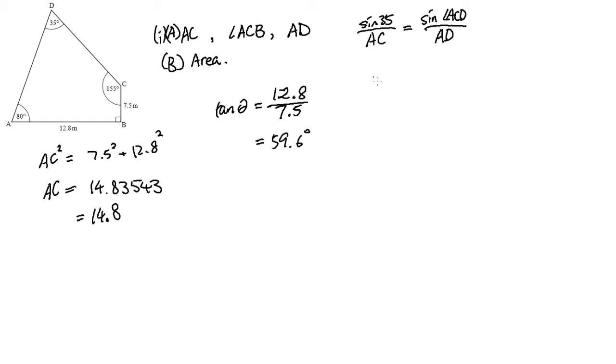So sine of 35 is divided by 14.83543. Again, use as many decimals as you can, because the more accurate you are, the less likely they will reject your answer.